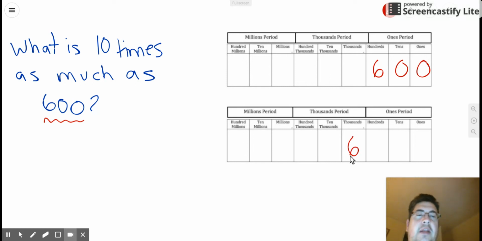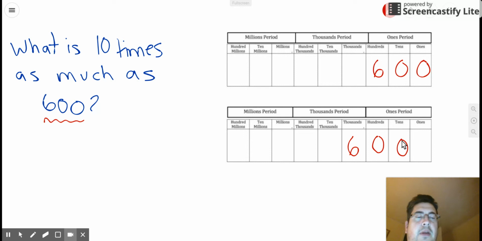And notice I'm writing that in my new place value chart below the top place value chart. So the 6 goes into the thousands place. The 0 in the tens place moves over to the left one place into the hundreds place. And the 0 in the ones place moves over one place to the left into the tens place.